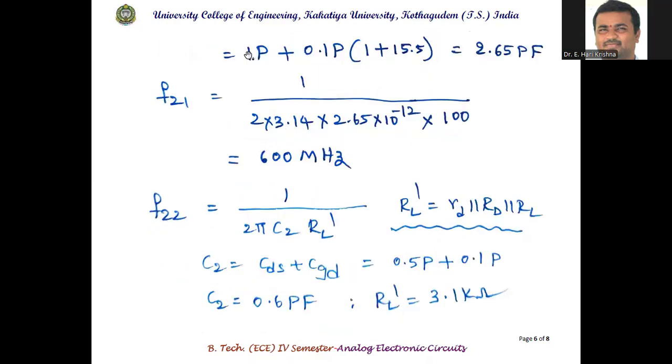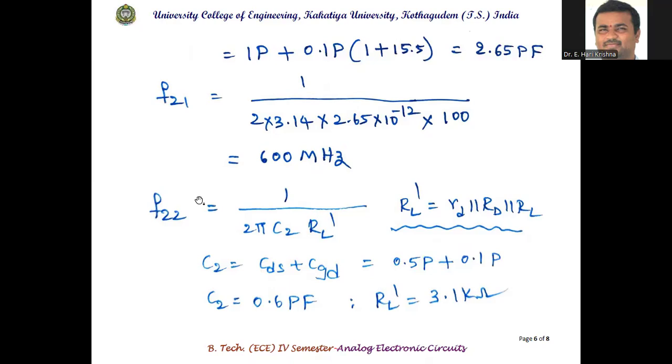We substitute here 1 pico plus 0.1 pico into (1 plus 15.5). The answer is 2.65 picofarad. Substituting the values 1 by 2, 3.14, 2.65 into 10 power minus 12, and Rg parallel Rs is 100 ohms. Substituting this gives the answer 600 megahertz.